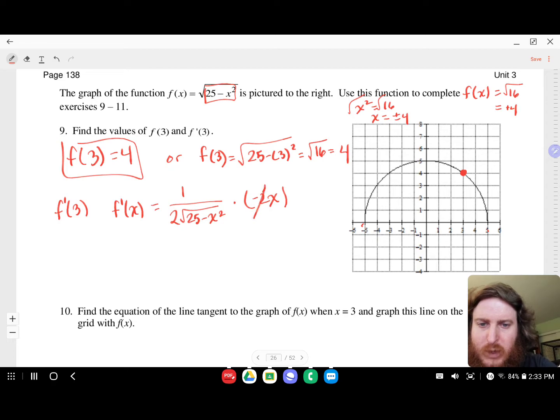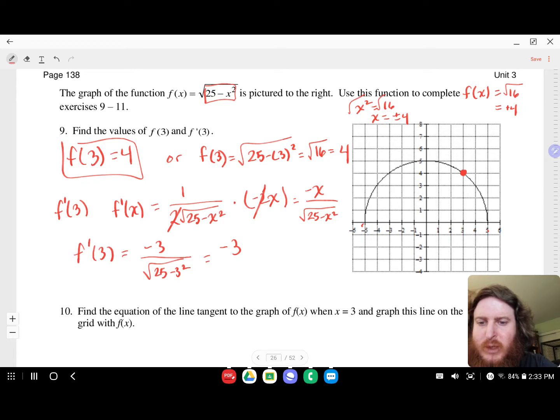The negative 2's will cancel. And we end up with negative x divided by square root of 25 minus x squared. Plug in 3. And we get negative 3 divided by the square root of 25 minus 3 squared, which we said was 25 minus 9 was 16. Square root of 16 we said was 4. So our f prime of 3 is negative 3/4.